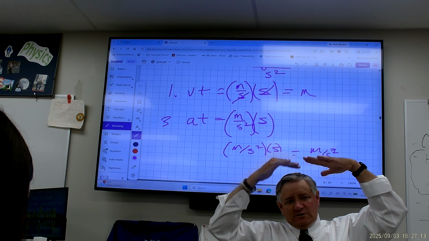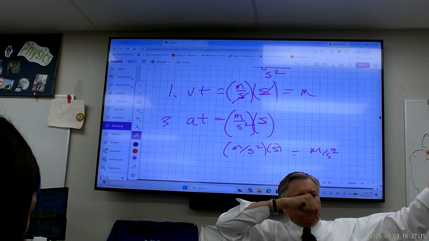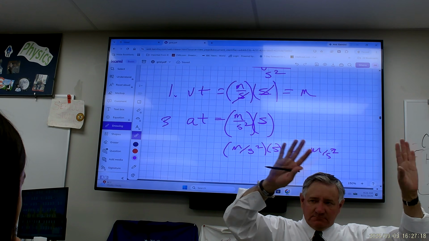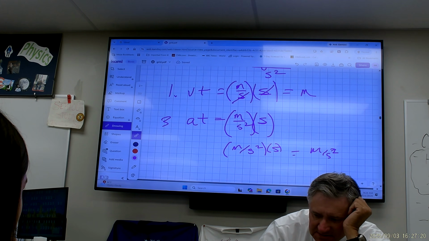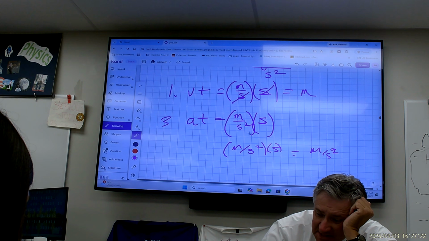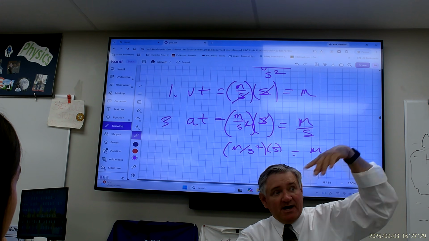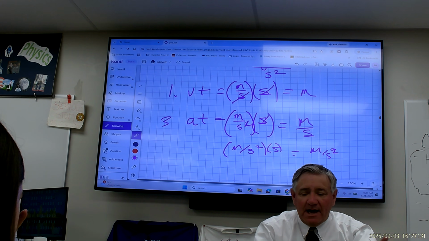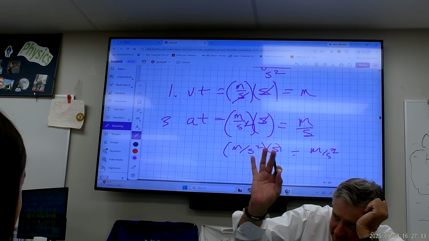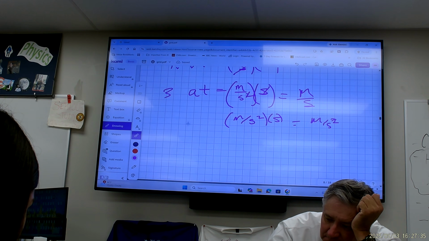I've found that if you stack them, that reduces that error. You don't have to, but it reduces it. So when I take meters per second squared times seconds, I lose one of those, and I get meters per second, otherwise known as velocity.